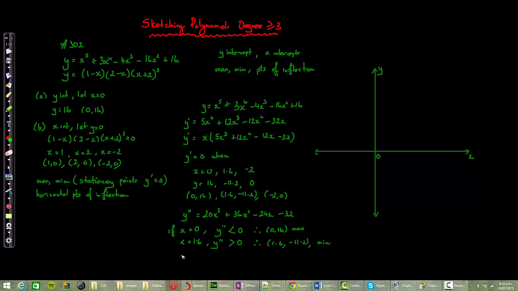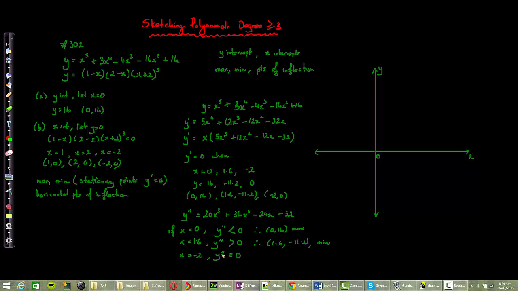And if I let x is equal to negative 2, putting negative 2 throughout here, the second derivative actually came out to equal 0. Now that might be pointing to this being a horizontal point of inflection, because we know it's a turning point, or it is a stationary point, I should say.